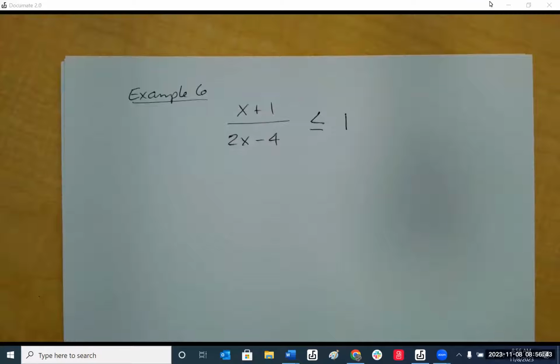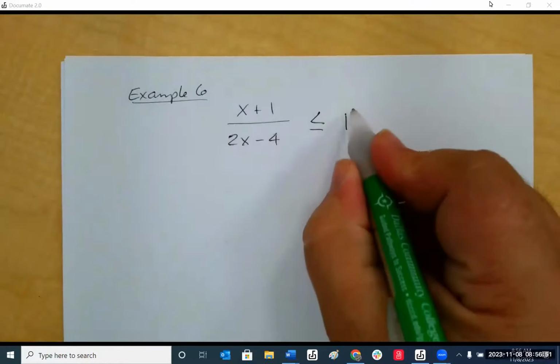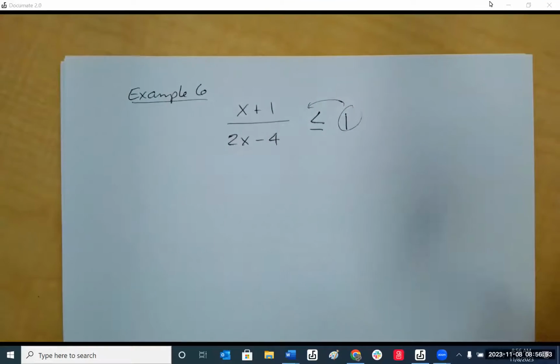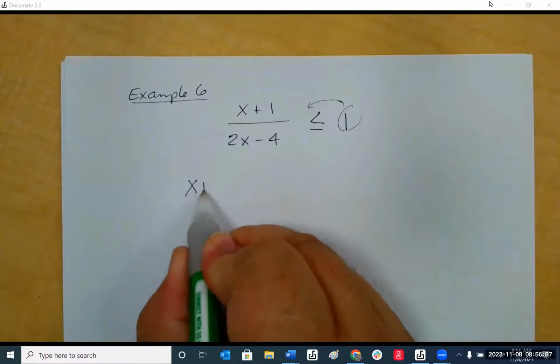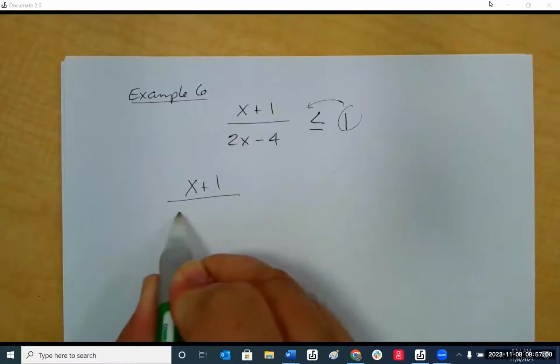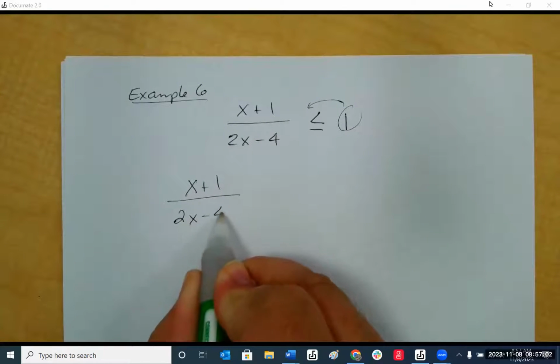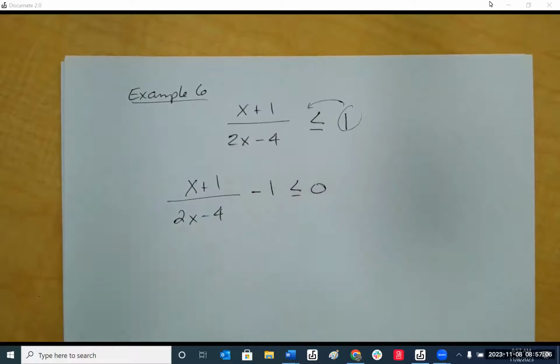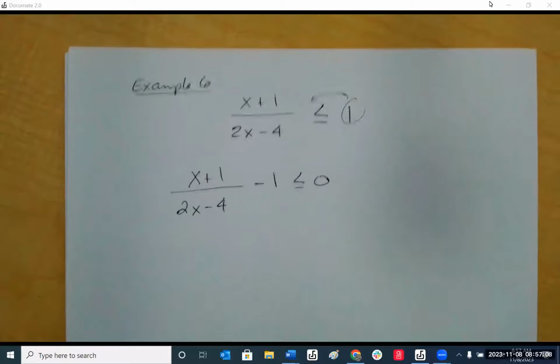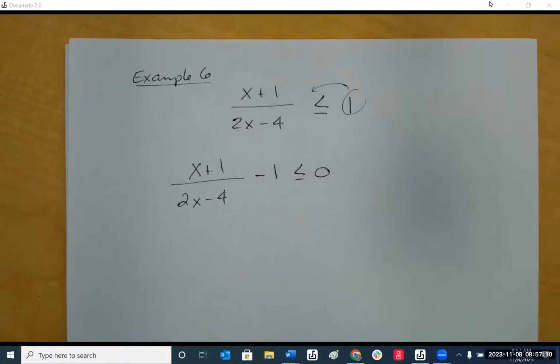So what's the first thing you have to do? I have to move this over there. It has to be equal to 0. So I have (x plus 1) over (2x minus 4), minus 1. I subtracted 1 from both sides.